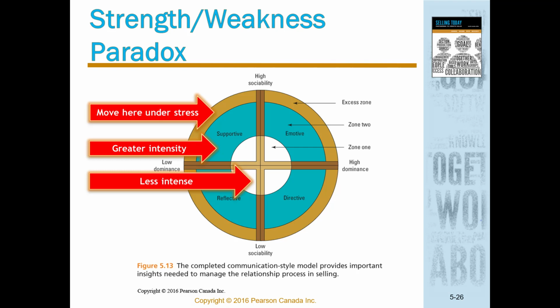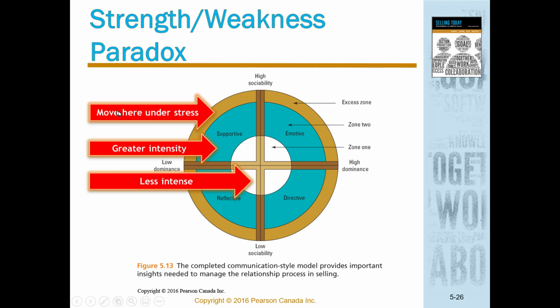As you go further away from the center of the circle, the intensity grows. Certainly someone here will be very emotive. Here in the blue, someone will be very directive, reflective, or supportive. Also, another word for supportive, which I forgot to mention before, besides green, is amiable. So you've got amiable, analytical, director or driver, emotive or expressive.